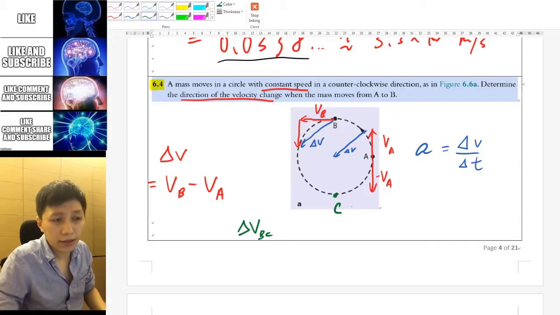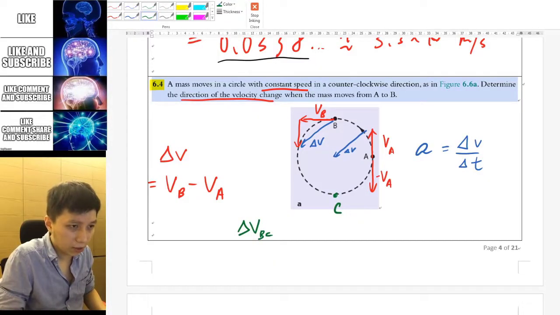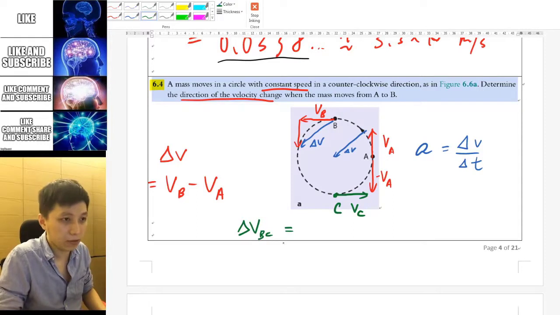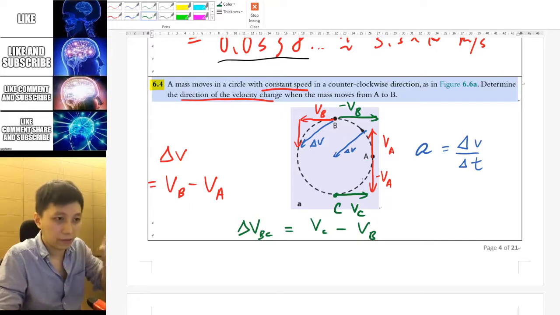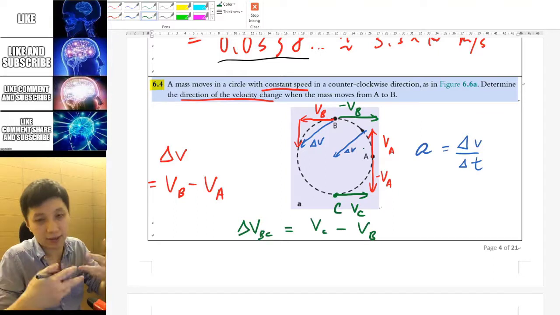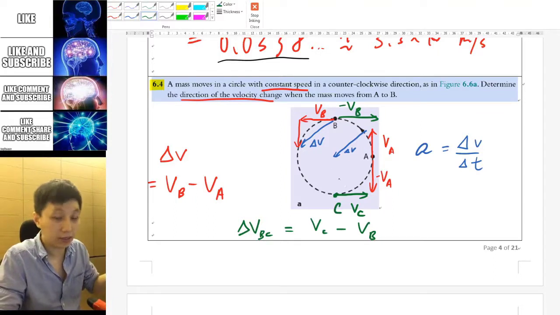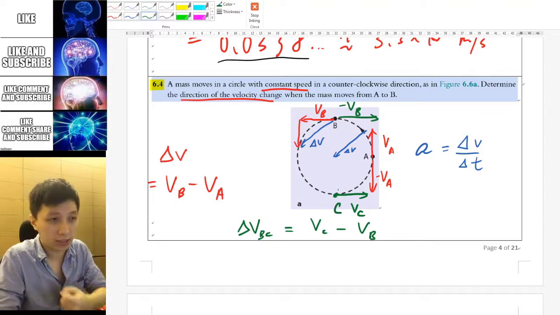And the answer will be pretty much the same, because at C you'll be having VC going here, and once again if you want to find the delta V from B to C, then that will be the new minus the old, and so in that case you will be having VB negative going to the right as well. And so eventually if you look at these two vectors, VC and negative VB, when you add these two together, it must be a vector that is going to the right as well.